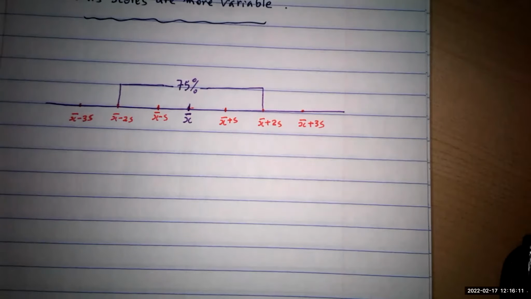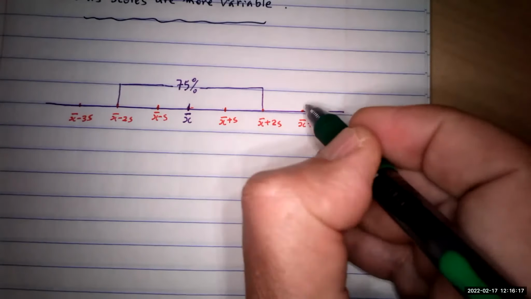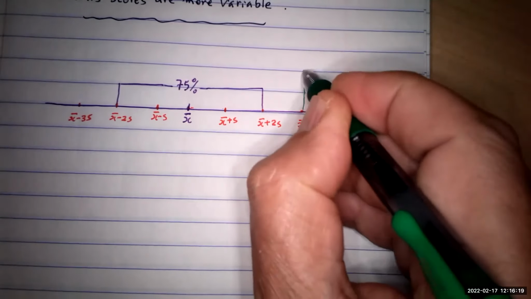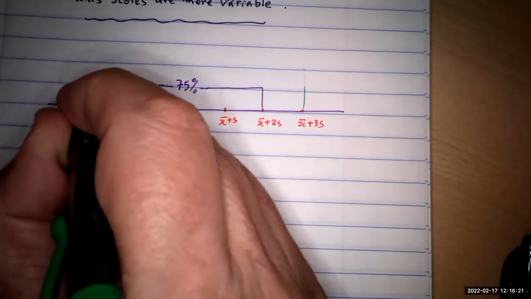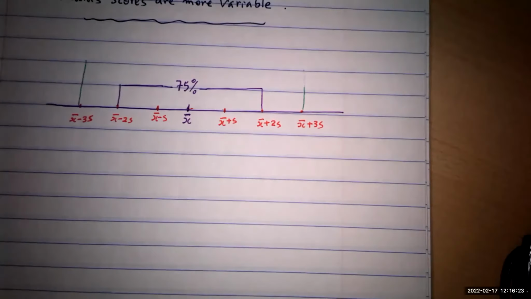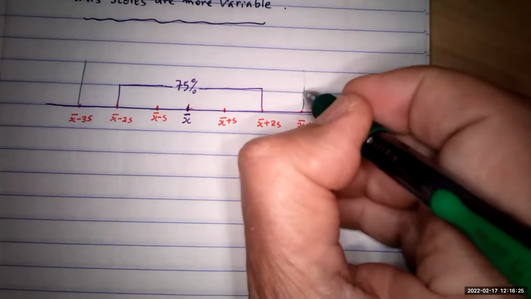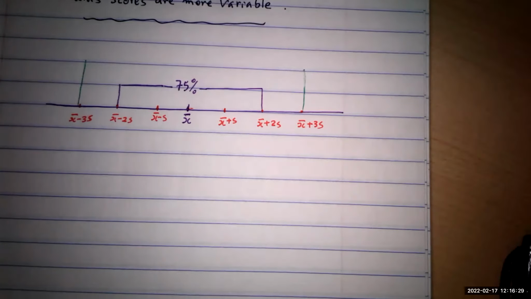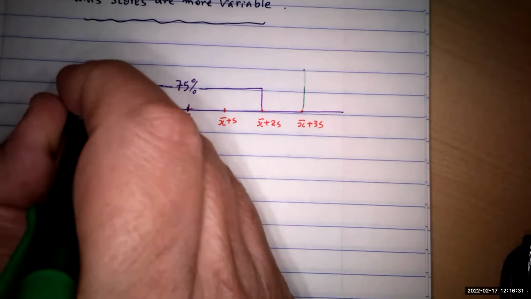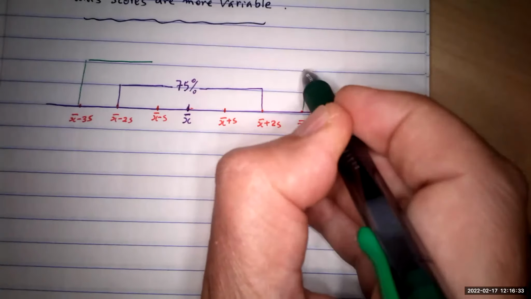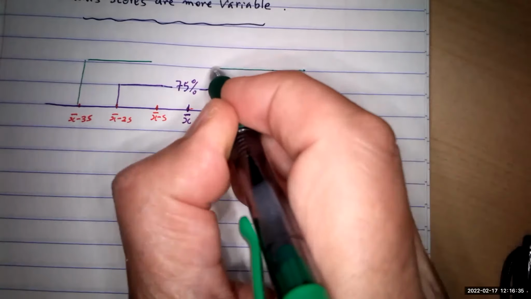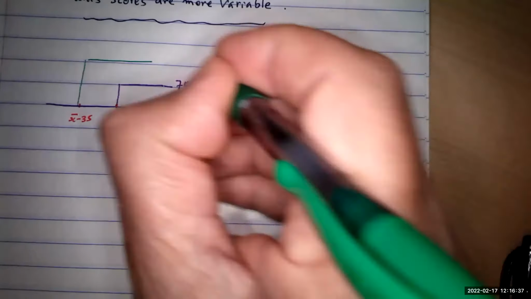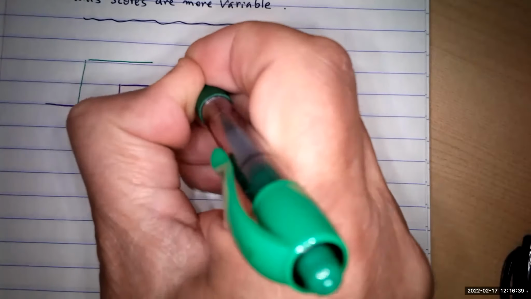His second observation is that almost all the grades must be here. You see, almost all the grades of the class must be within 3 standard deviations from the center. And he actually proved that the percentage is going to be 89%.